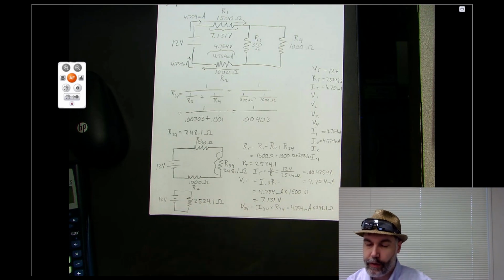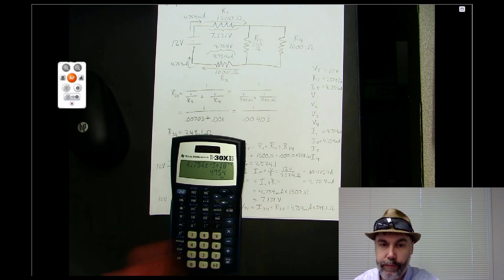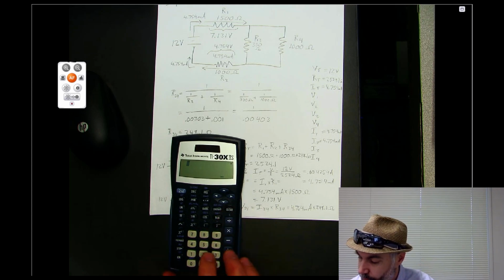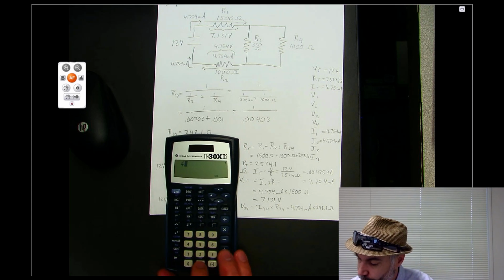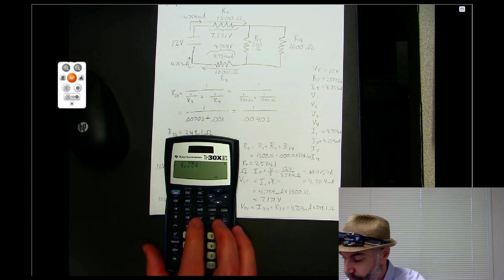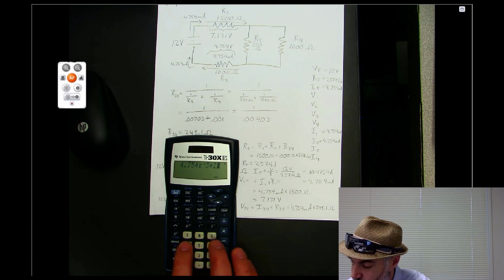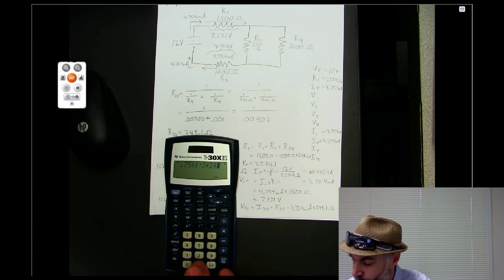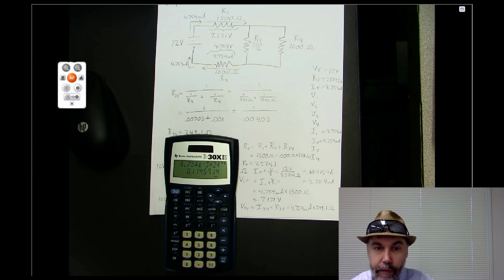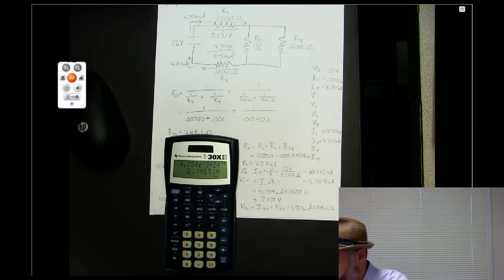So if we do that on the calculator, we say 4.754E-3 times 248.1. That gives us 0.1145 or 0.1146.